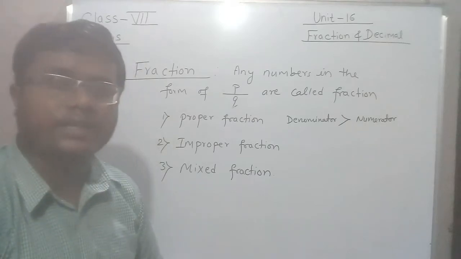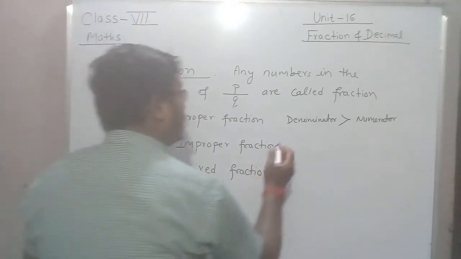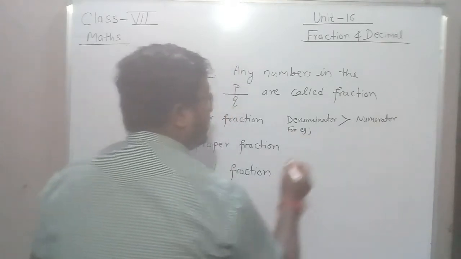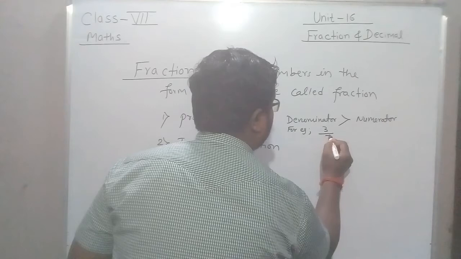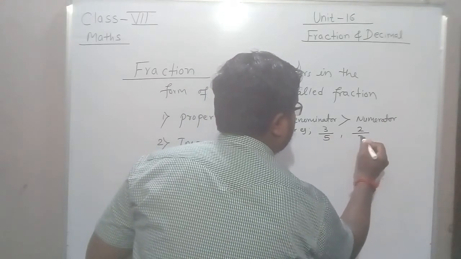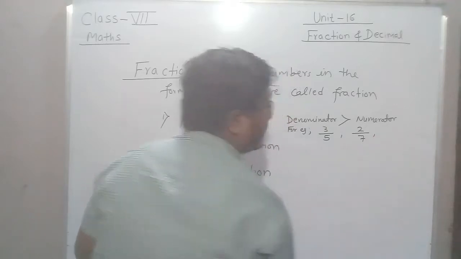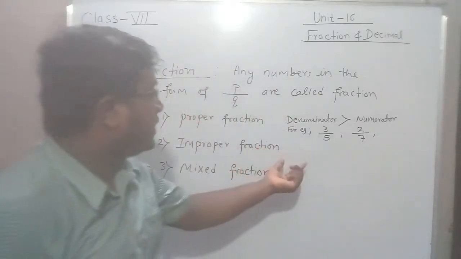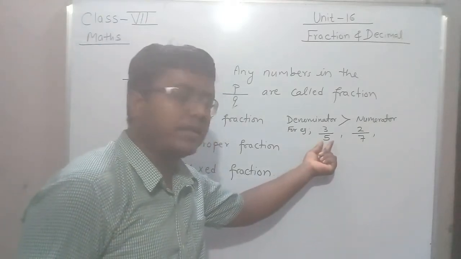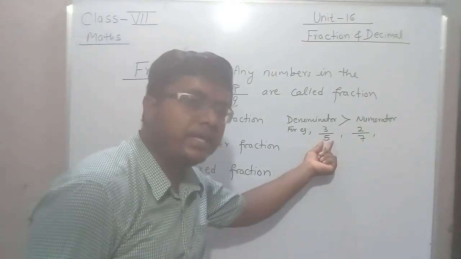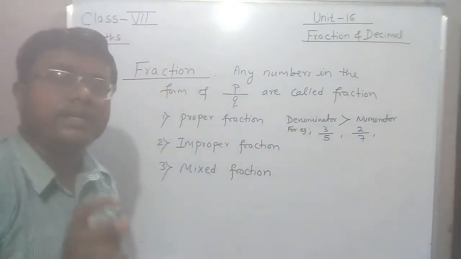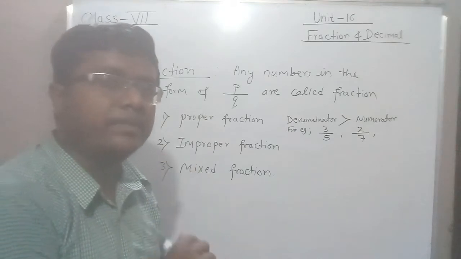For example, 3 upon 5, 2 upon 7. What is the condition for a proper fraction? The denominator must be greater than the numerator.